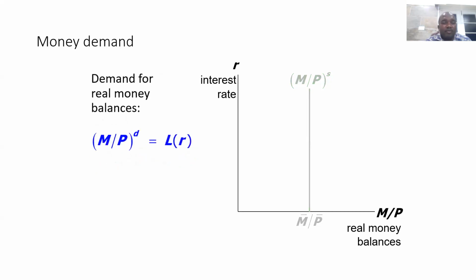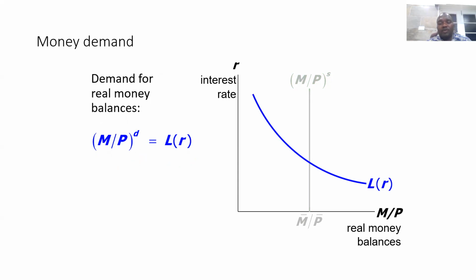How about the demand for real money balances? The demand for real money balances, M over P, and then out of bracket superscript D to show that we are looking at money demand. It's simply liquidity preference, which is a function of the interest rate. We know there is the transactions motive, the precautionary motive, and the speculative motive.